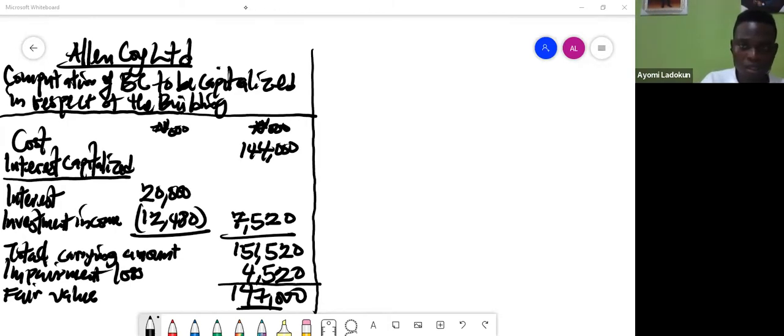So let's go to the second part. What is the second part saying? They also say we should look at qualifying projects. They gave us other expenditure.